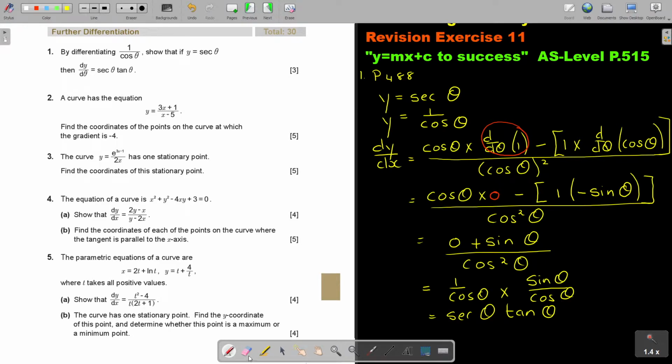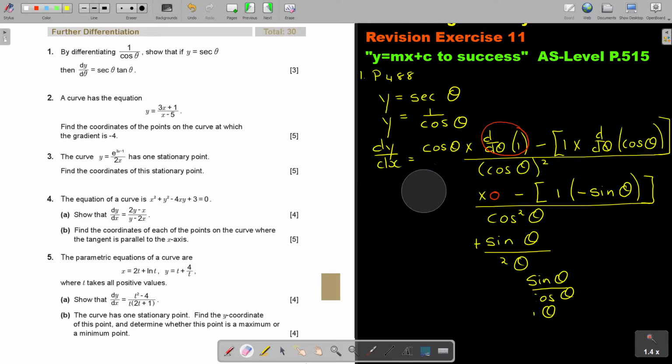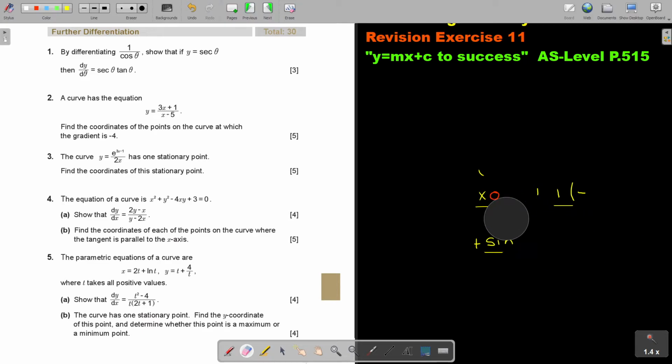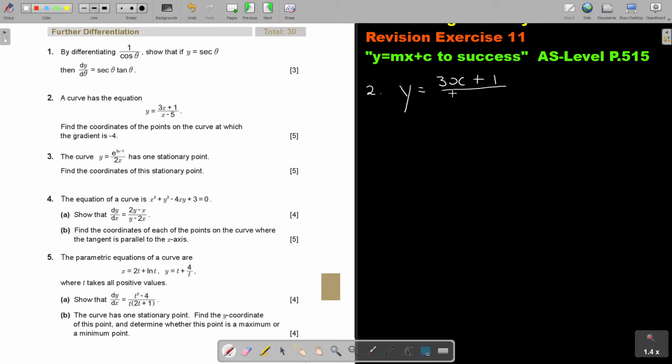Let's look at number 2. The curve has the equation. The equation is always the most important, so look at the equation and see: is it different? Oh, it's a division, so it's also the quotient rule.